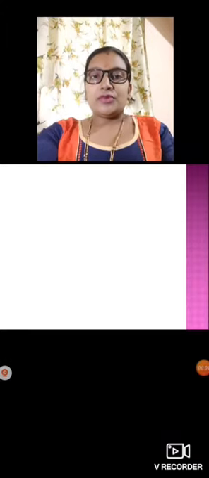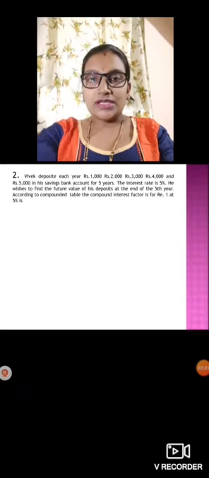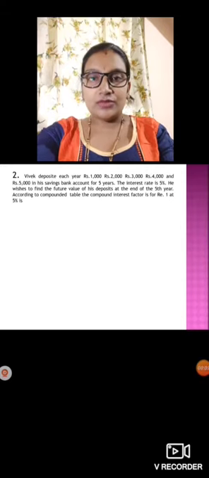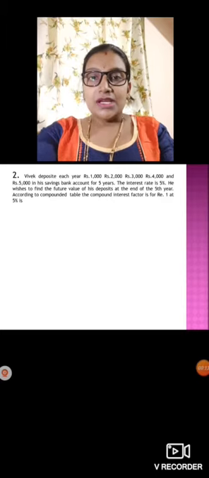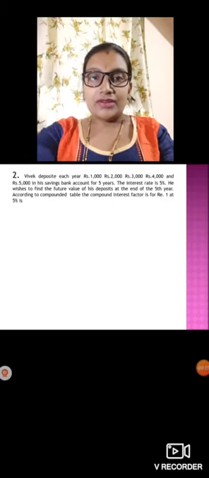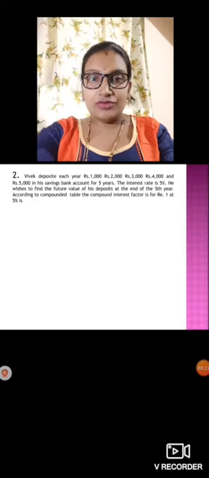So the second problem we will see. Vivek deposits each year rupees 1000, 2000, 3000, 4000 and 5000. For 5 years he is depositing in his savings bank account. The rate of interest is 5%. He wishes to find out the future value of his deposits at the end of the 5th year.